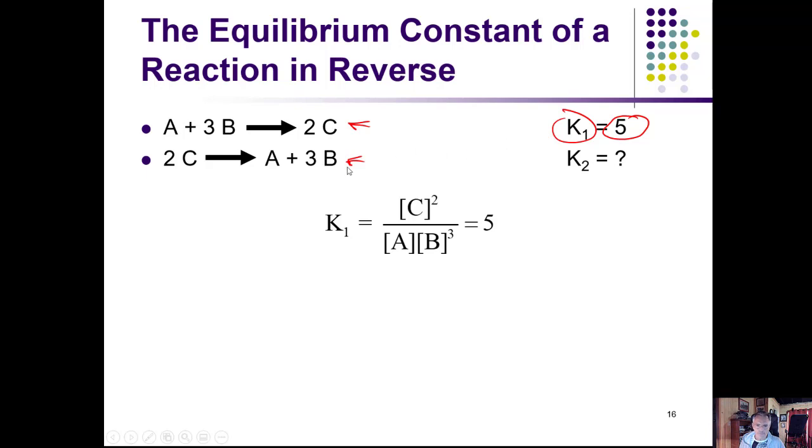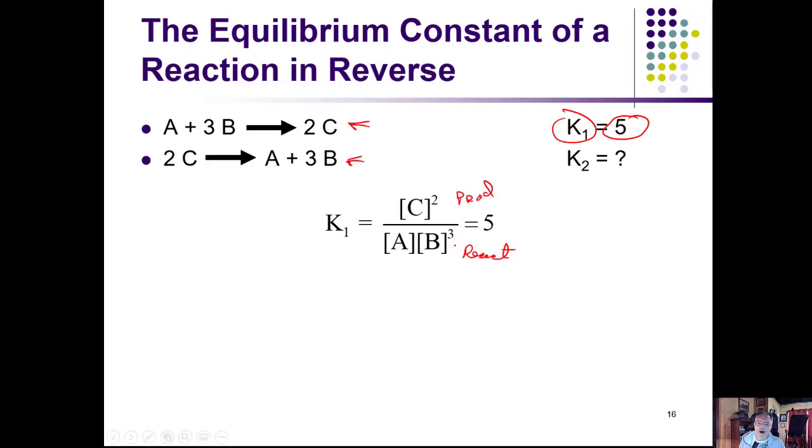Here's why. Let's look at the equilibrium constant expression for the first reaction. It's C squared over A times B cubed, because these are the reactants and these are the products.